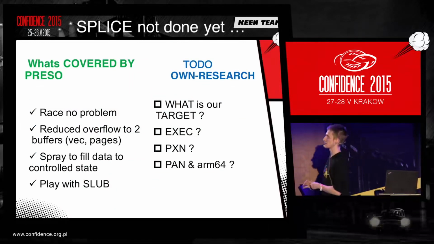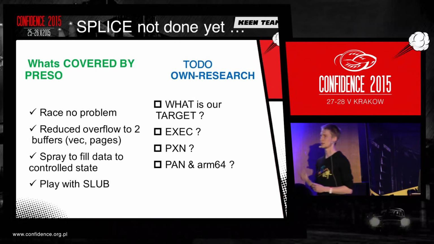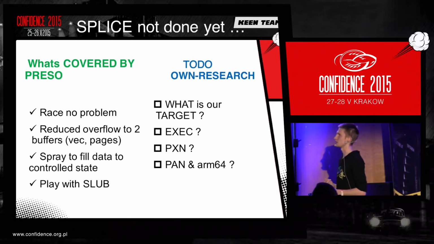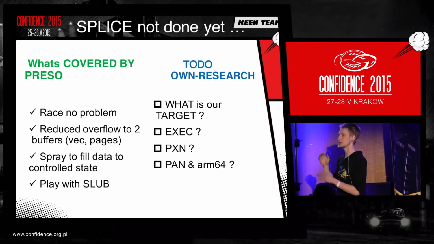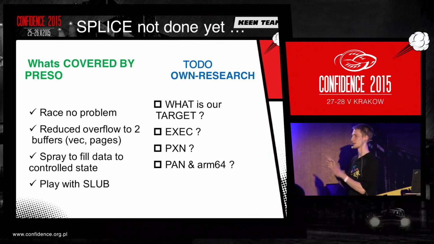So what was covered about this vulnerability? It was that triggering the bug was not so hard, because the racing was very primitive. But what was not primitive was that you overflow at least two buffers at the same time.